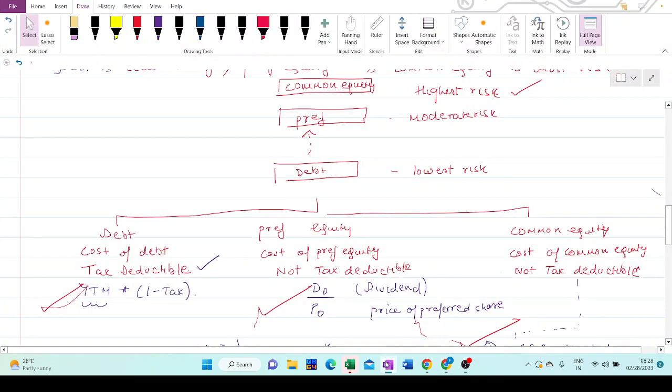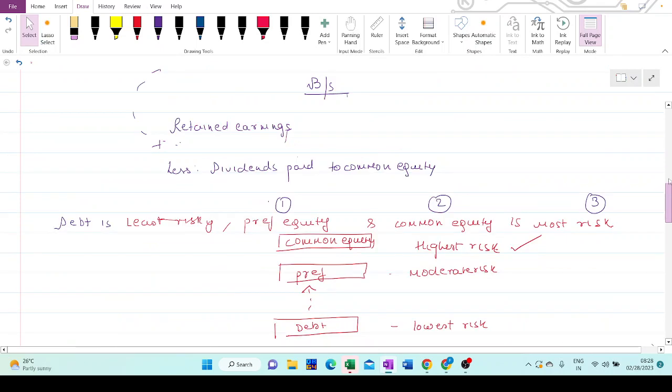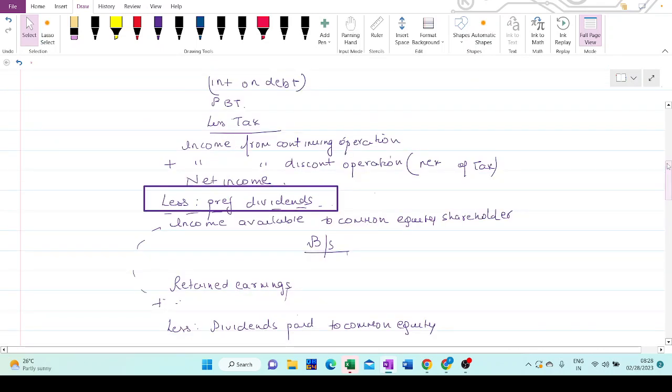Okay, so now guys, we'll start with the calculation of cost of debt. You already know this calculation, but I'll just revise it. But before that, a very important point. Please write this down.